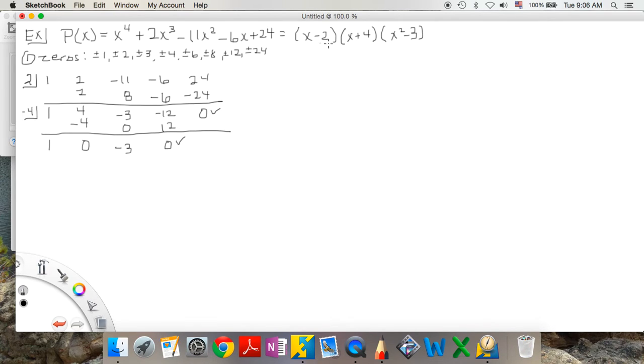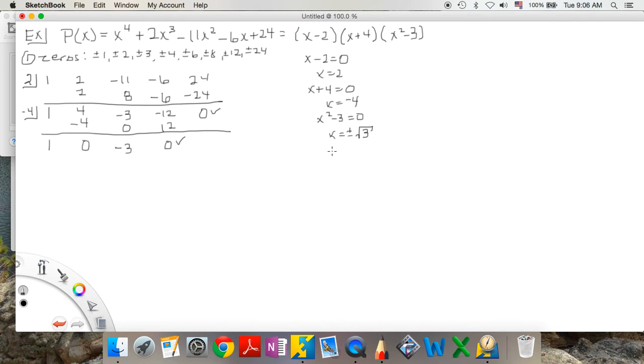So for our zeros, we set each of these equal to 0 and solve. So we get x equals 2 and x equals -4 and x equals plus or minus the square root of 3. Don't forget, you have to have both the plus and the minus when you have these radicals.